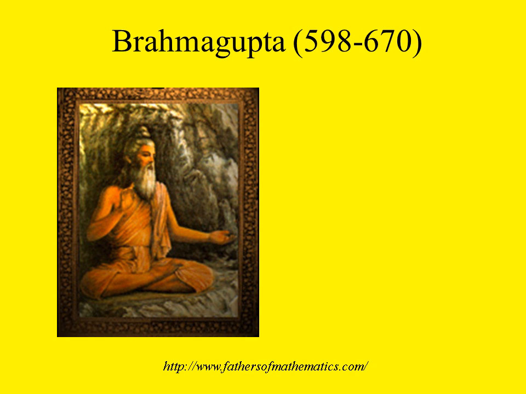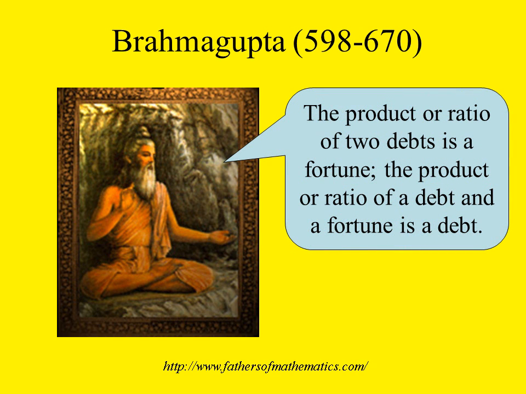The Indian mathematician and astronomer Brahmagupta was the first to solve quadratic equations that involved negative numbers. He stated the rules for multiplying or dividing positive and negative numbers as: the product or ratio of two debts is a fortune. The product or ratio of a debt and a fortune is a debt.